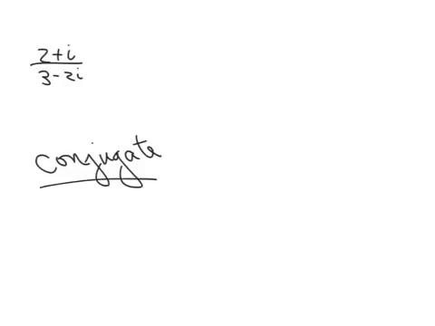The conjugate of anything is always two terms separated by a plus or a minus sign. The conjugate is always the same two terms separated by the opposite sign. So we are going to multiply top and bottom by the 3 and the 2i, but we're going to put a plus there: 3 plus 2i.